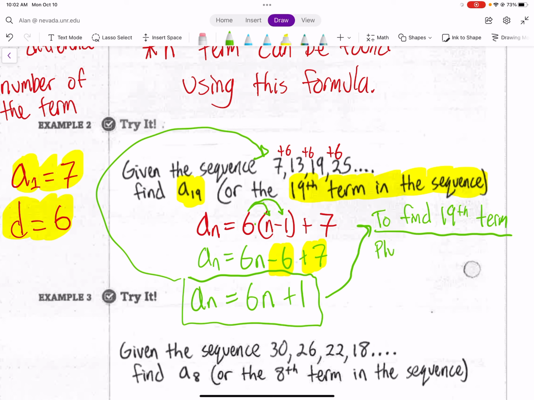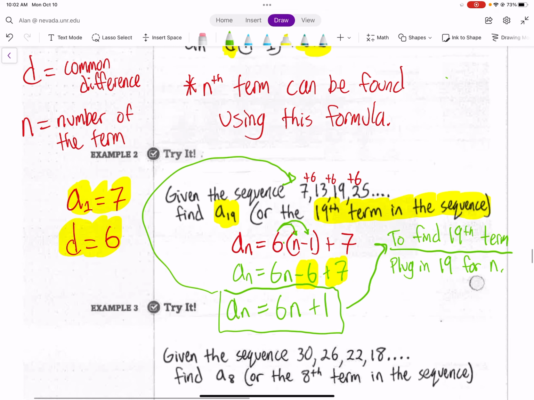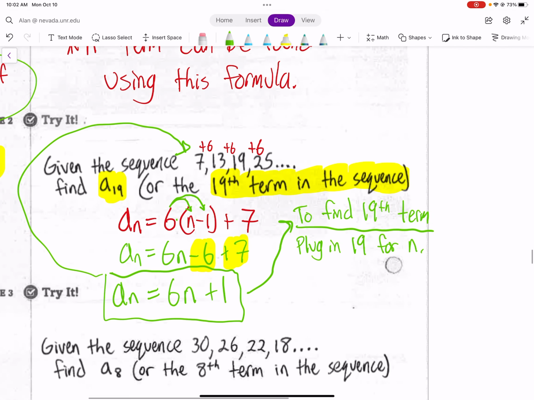We will plug in 19 for the letter n, because n, if we remember, represents the number of the term we are trying to find. So anywhere we see an n, we plug in the number 19. This becomes a sub 19, which represents the 19th term in this sequence, equals 6 times n, but we know n is 19, plus 1.